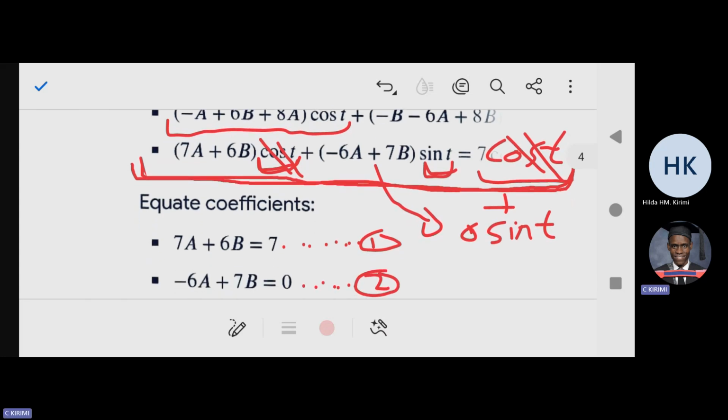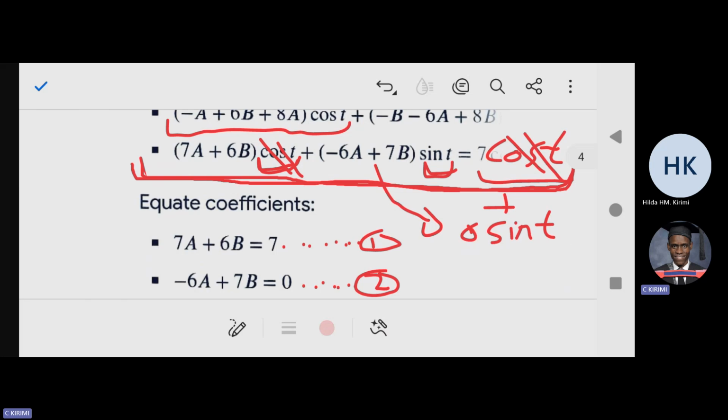That's why the first equation is 7a + 6b = 7, because we equated the coefficients that were being multiplied by cos t. Then you equate the coefficients being multiplied by sin t on the left to those on the right. On the right we have 0, and on the left we have -6a + 7b.